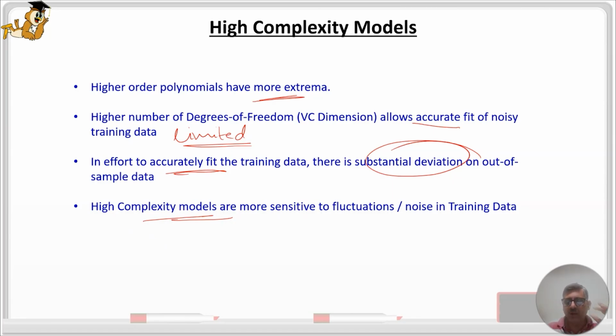So if you picked a different training sample, the high complexity model or the high order polynomial that you would get would be substantially different. So each data set results in a completely different high complexity model, and that is what gives rise to a higher variance and consequently a higher E out.